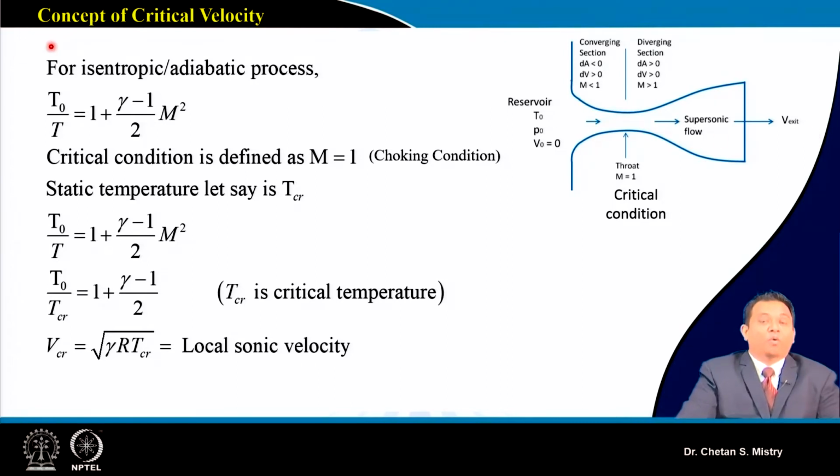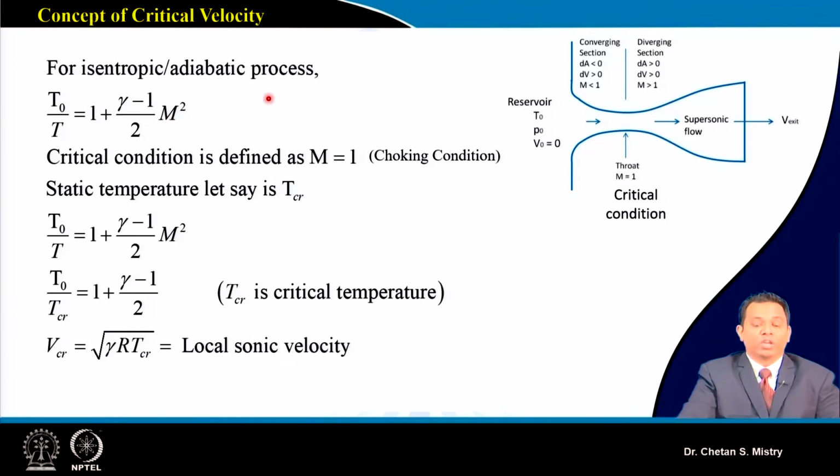If we consider the flow through our axial flow compressor, we assume the flow to be an isentropic process, or more or less an adiabatic process. In that case you can write T0 by T equal to 1 plus gamma minus 1 by 2 M square. Now let's consider M equal to 1.